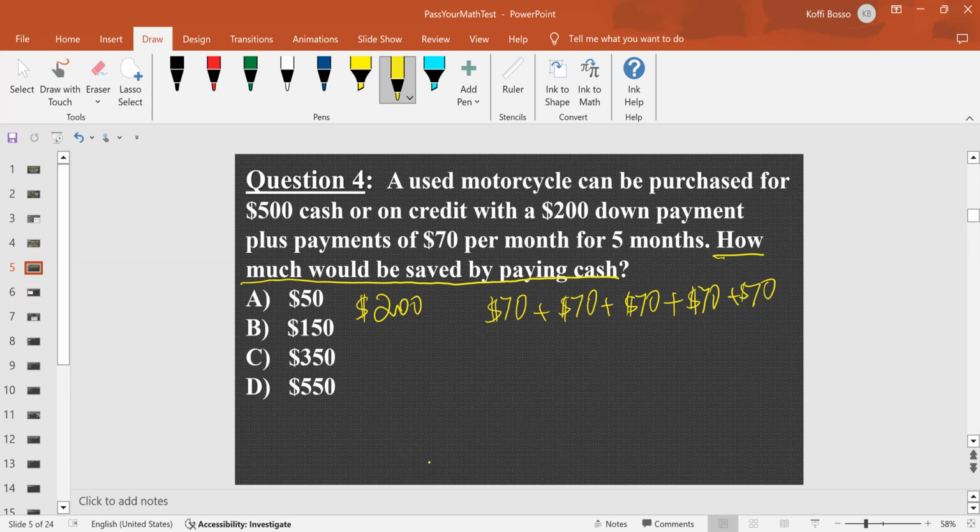So 5, which is similar to 5 multiplied by $70. And if we do that, that gives you $350. Okay, so we have a 200 down payment. We're gonna add 350.